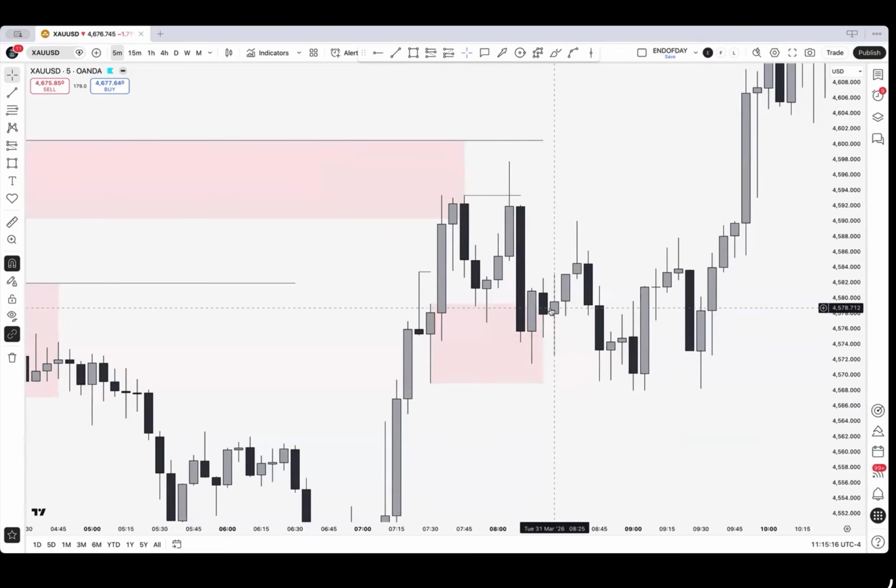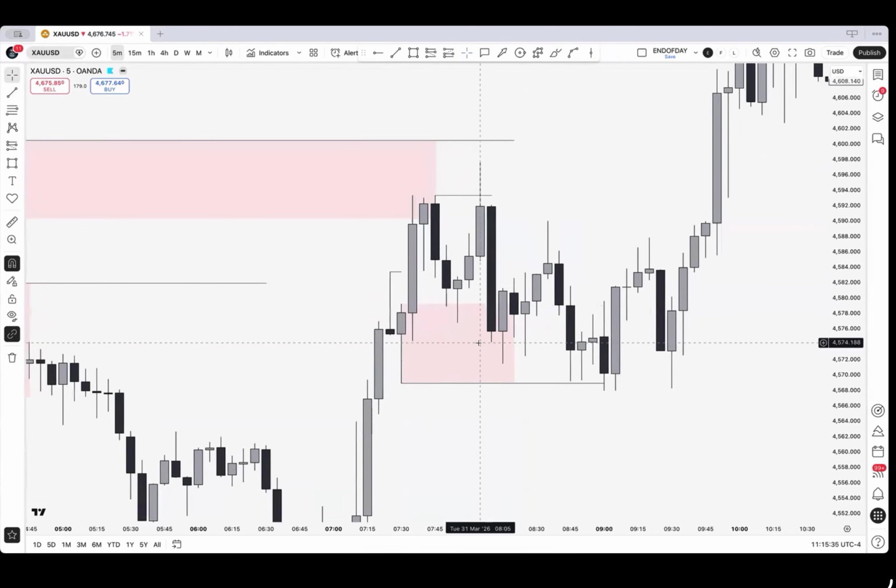Price still respects here, inducing early buyers. They get trapped. Remember, in our concepts, we do not trade with this price action. We do not trade with structure. This is essentially an SMC trap, a demand zone that price reacted off of and traded higher. We do not like to trade from these areas.